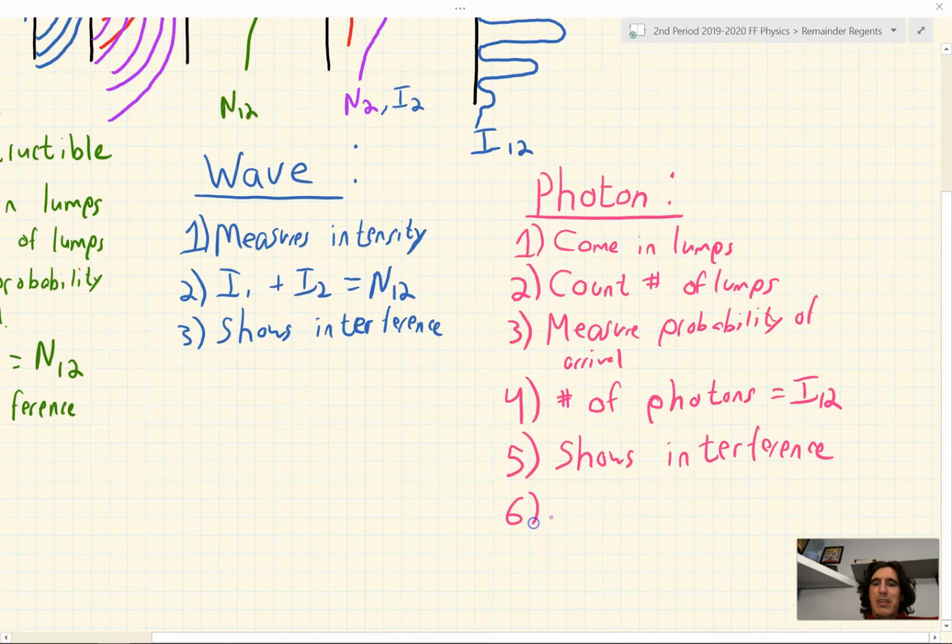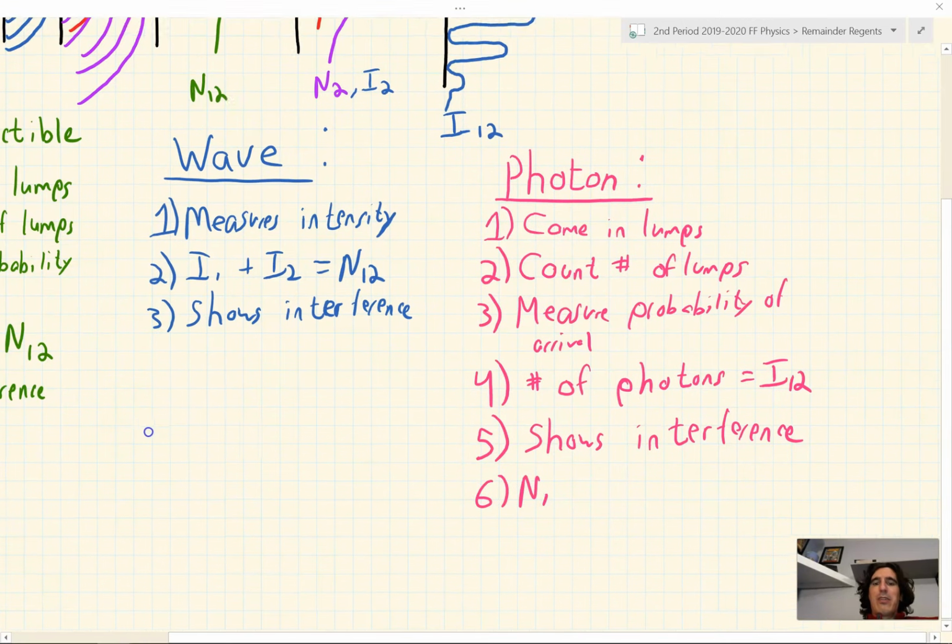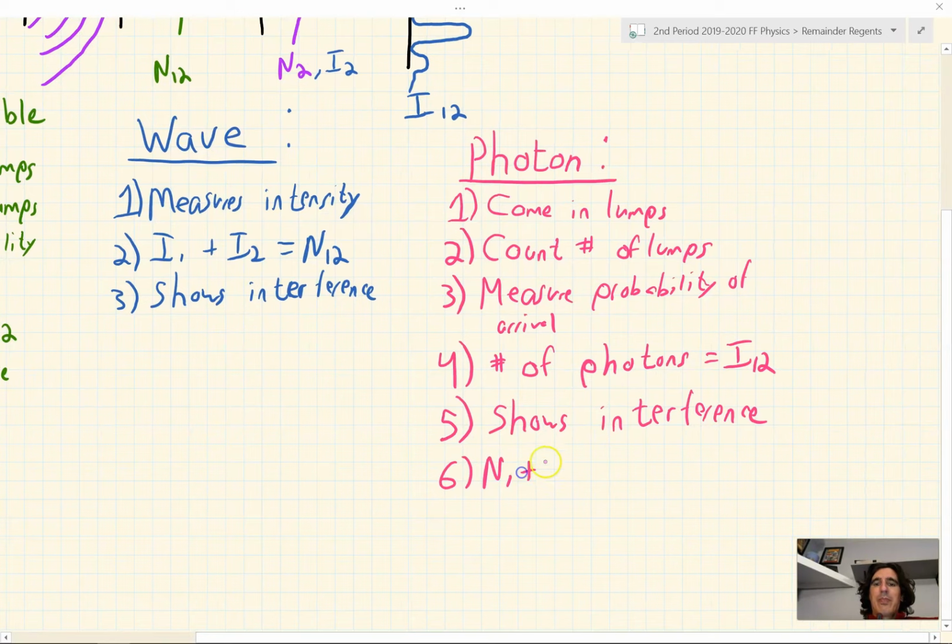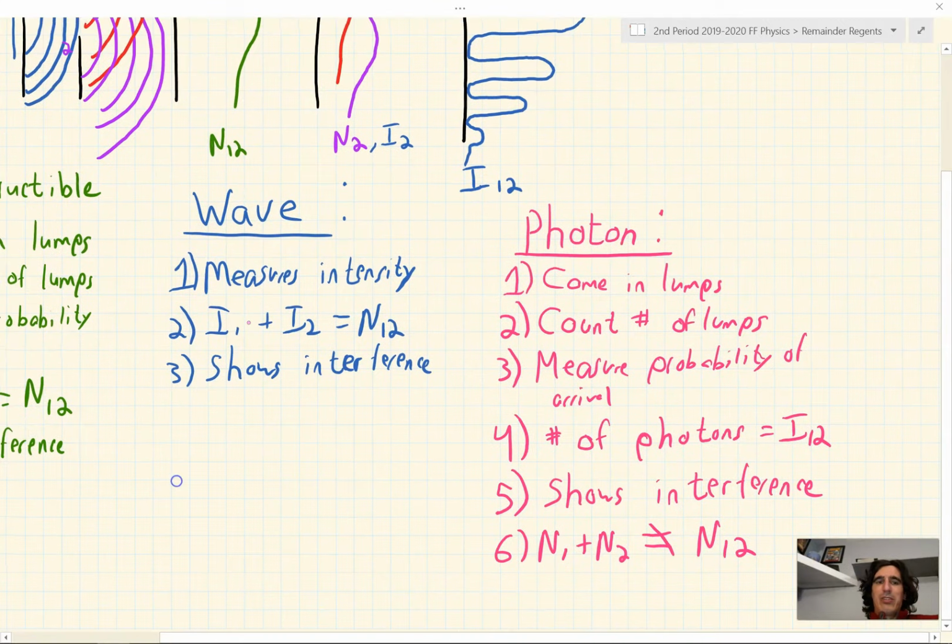So we can say that the number of photons that go through hole 1 plus the number of photons that go through hole 2 does not equal N12. And I should have put this over here too under waves, it does not equal N12.